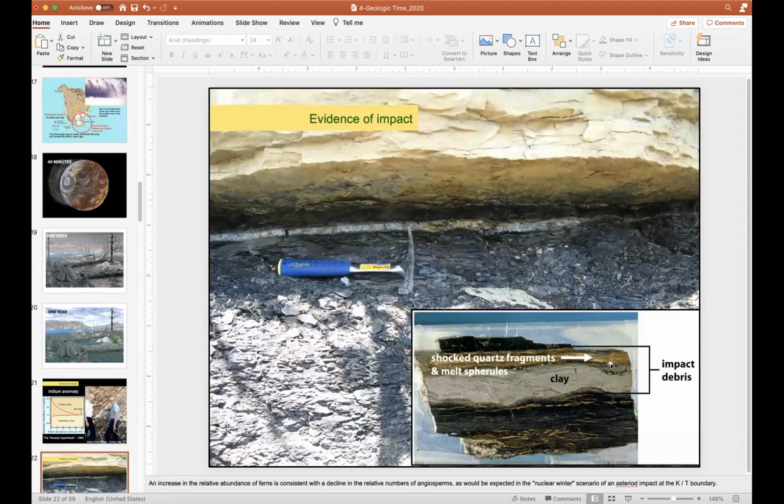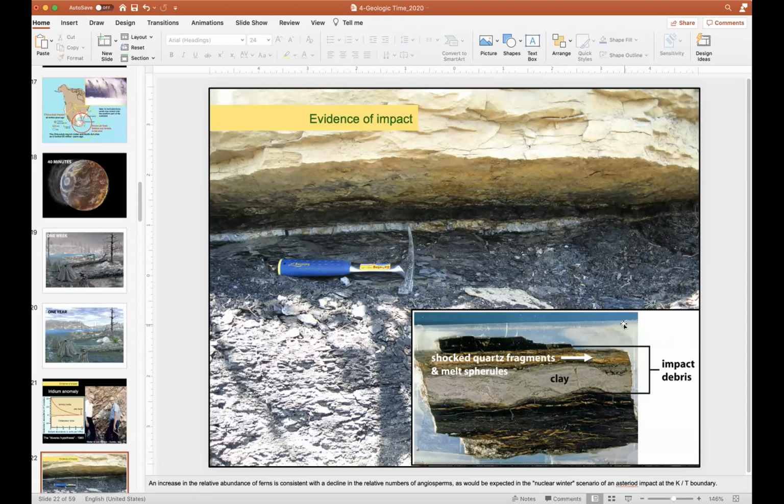And also shocked quartz. Shocked quartz is just the mineral quartz, which people are familiar with. You've seen those nice prisms of quartz that people say are good for your health and all sorts of stuff like that, which I don't believe in.